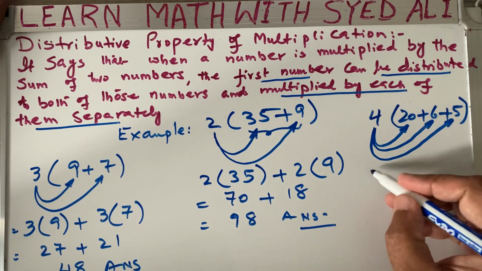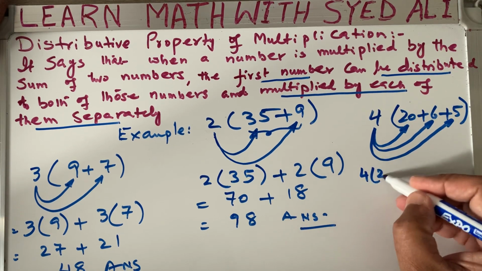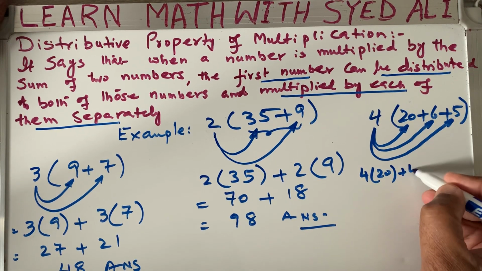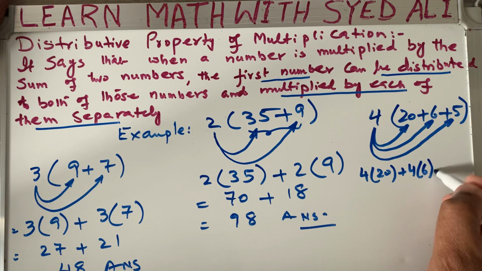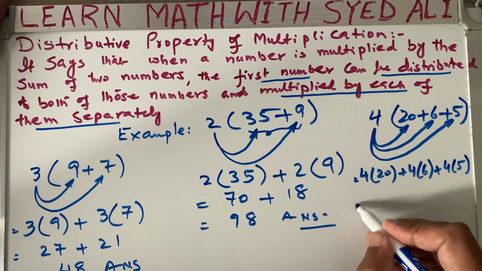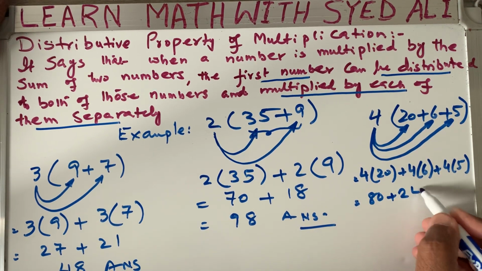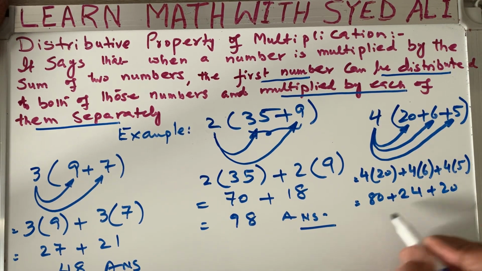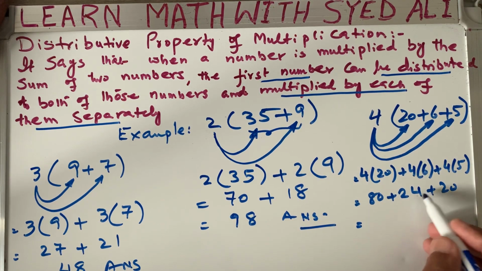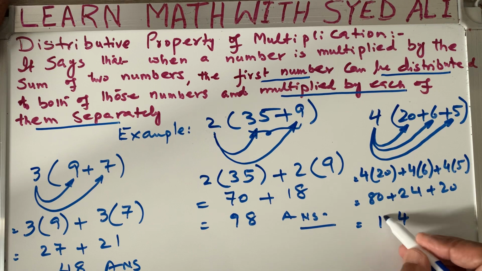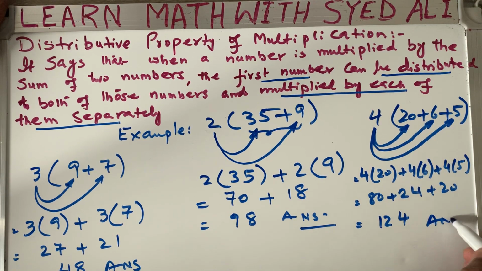So what will be happening here? 4 times 20 plus 4 times 6 plus 4 times 5. 4 times 20 is 80, plus 24, plus 20, and we get 124. So we get our answer.